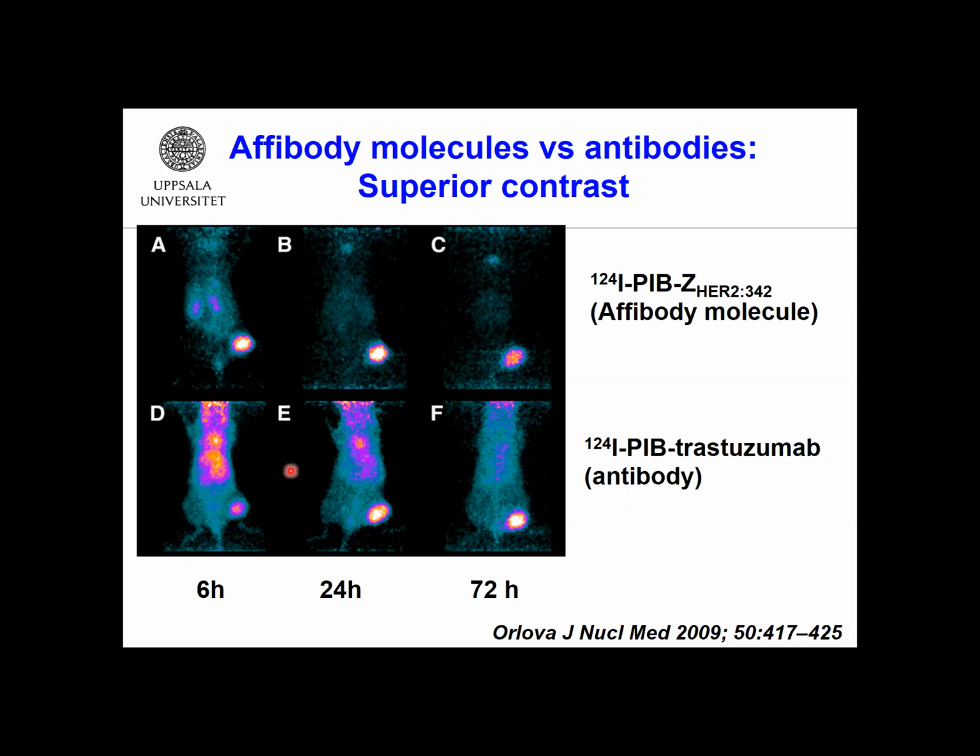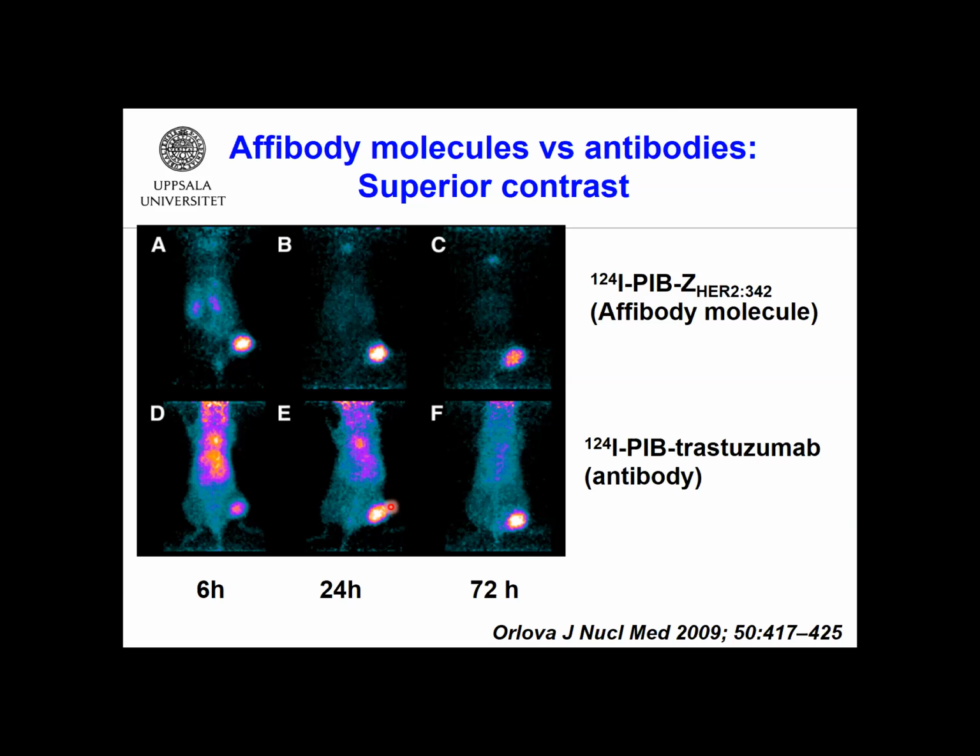Still, the activity in the blood pool was high. One could see the activity in the heart here and in carotids, and also high activity in liver, and taking into account that, for example, liver is a very common metastatic site, it was far too early to make an image.